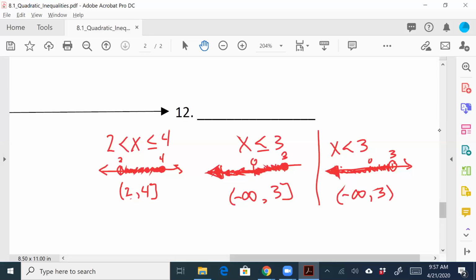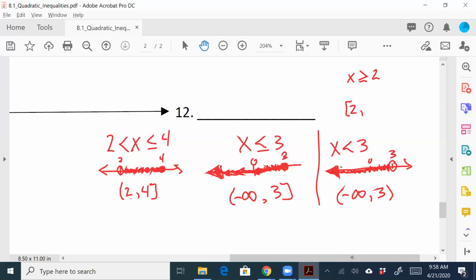Yes, if I put, let's say, x is greater than or equal to 2, then it would start at 2 with a bracket.